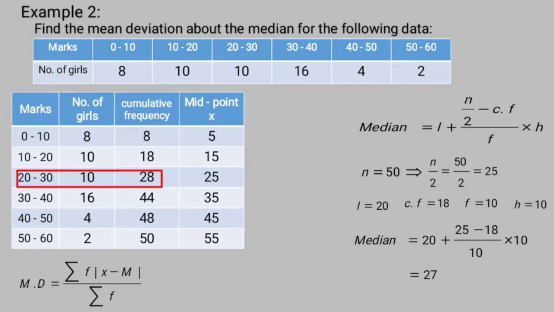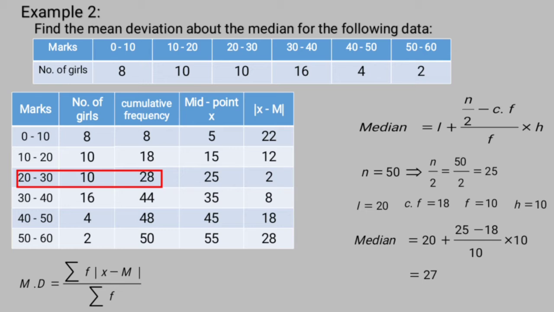And next, I am going to find modulus of x minus m. So, x is 5 and m is 27. So, what is the value? 5 minus 27 is minus 22. But here I am having a modulus. So, we have to write only 22.